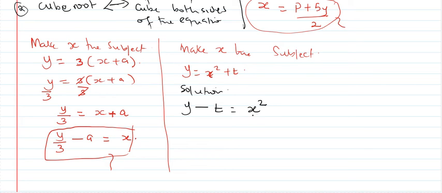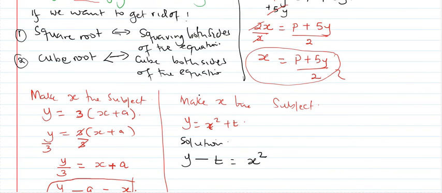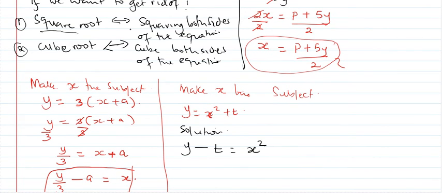Alright, now look, we need x, but x is still not alone, it has a power 2. We said that if there is a square root, we square both sides, and vice versa. So if there is a square, this power 2, we square root both sides.